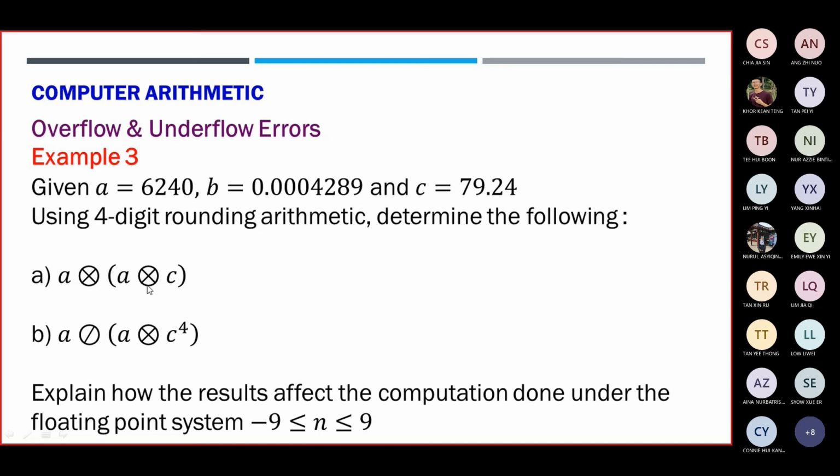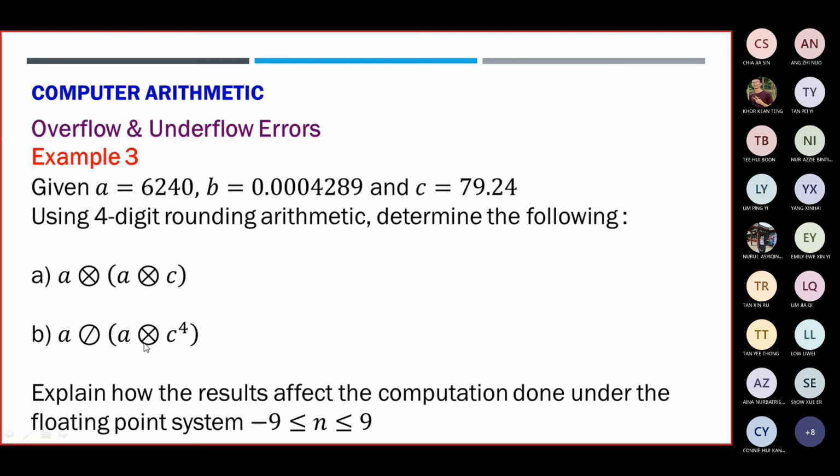As well as B, A divided by bracket A times C power of 4. Remember the symbol means a computer operation, so it's done by the computer.